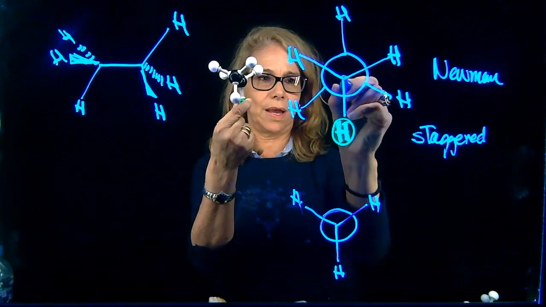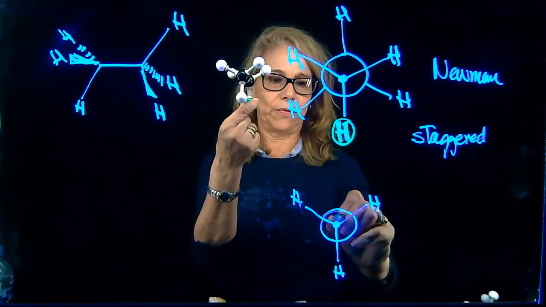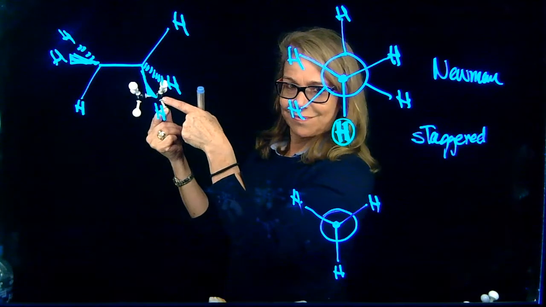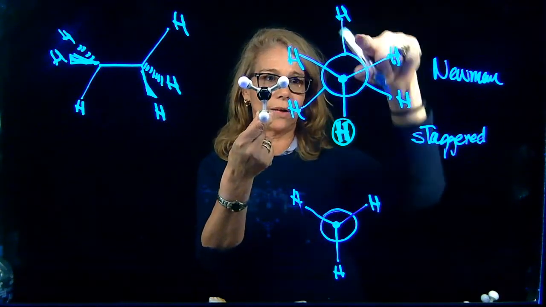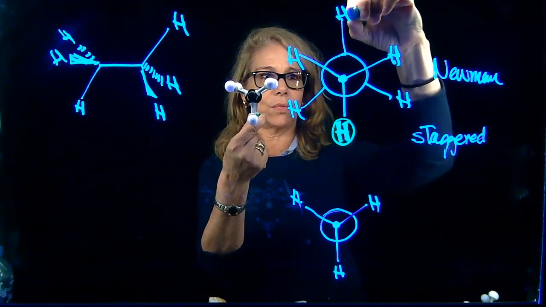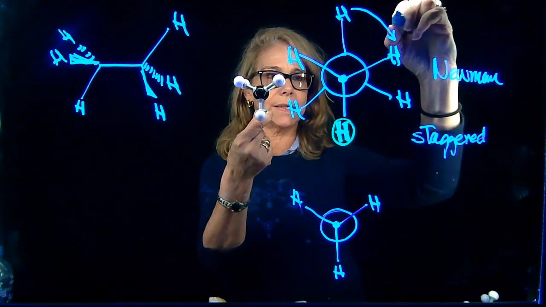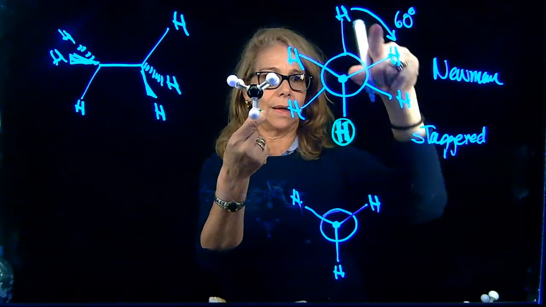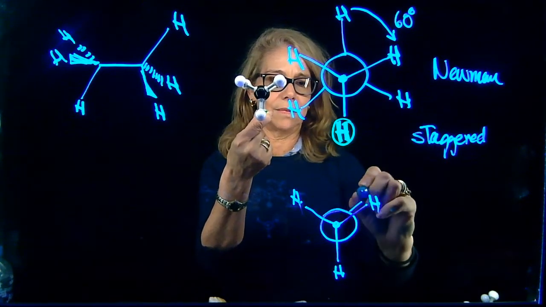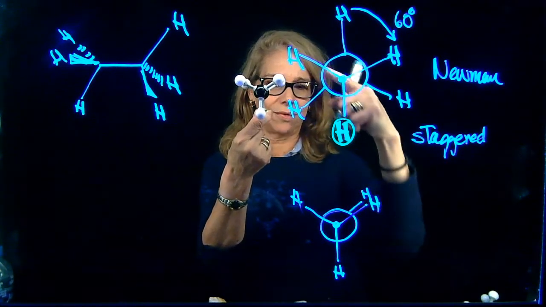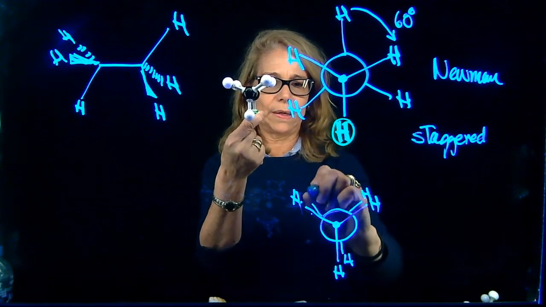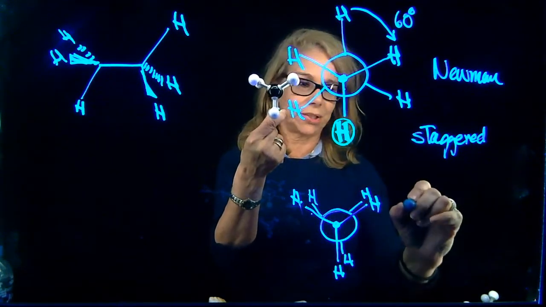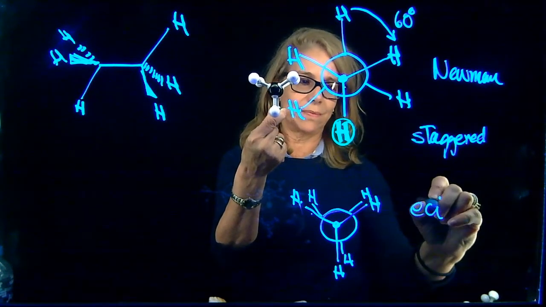This is the atom I'm looking at, my front view, and then left and right. Because I rotated it 60 degrees, like that, this hydrogen is right behind the other, another right behind, and right behind. This conformation is called eclipsed.